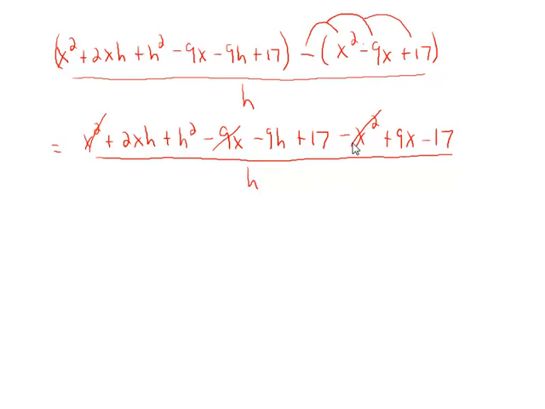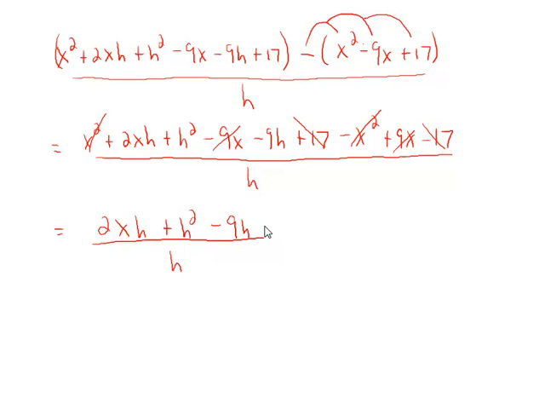I've got a negative 9x and a positive 9x, a positive 17 and a negative 17, leaving only 2xh plus h squared minus 9h in the numerator, all over h.